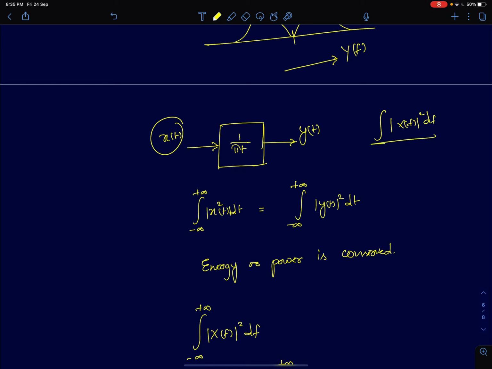Since the magnitude function remains unaffected, the energy should remain unaffected. The magnitude of h of f, the Hilbert filter's response, is 1, so mod of y of f will be equal to mod of x of f. Therefore, the energy at the output should be the same as the energy at the input.